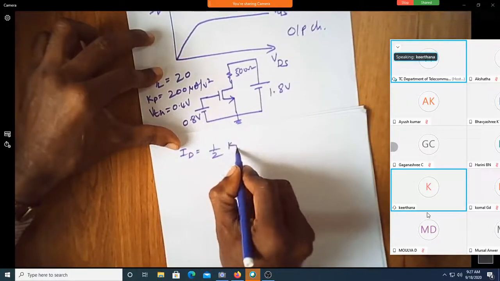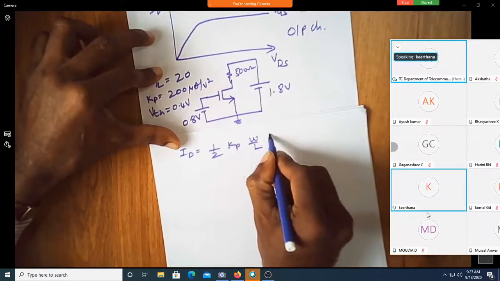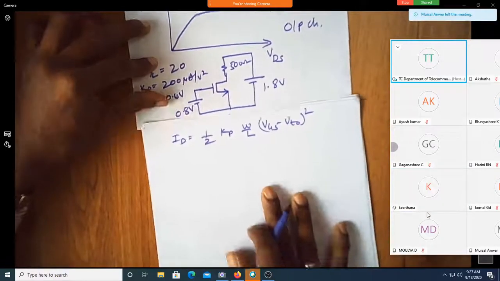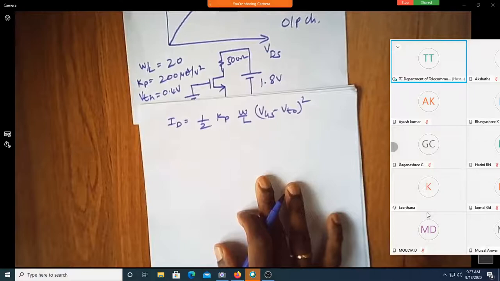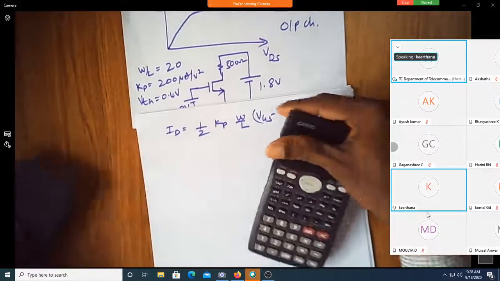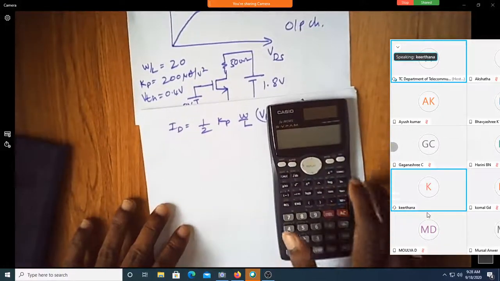ID is half Kp W by L times (VGS minus VTO) whole squared. Correct? How much is ID? Can somebody say what is ID?